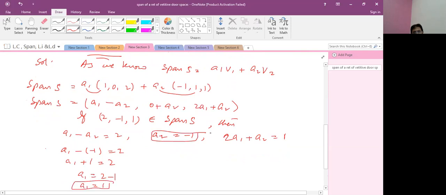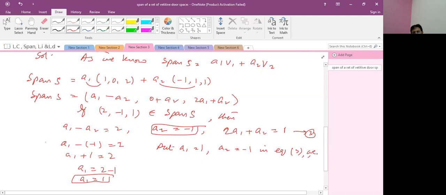If these two values satisfy equation number 3, then we call the given vector in the span of S. So put a1 equal to 1, a2 equal to minus 1 in equation number 3: 2 times 1 plus minus 1, which is 2 minus 1, which is 1.